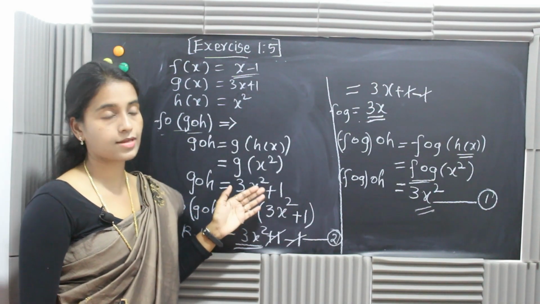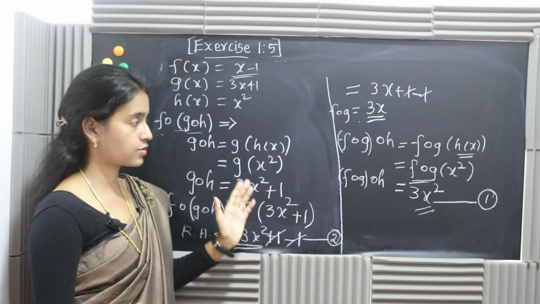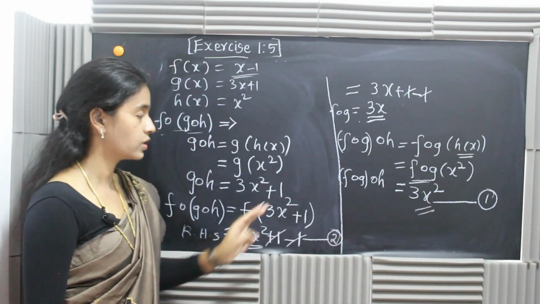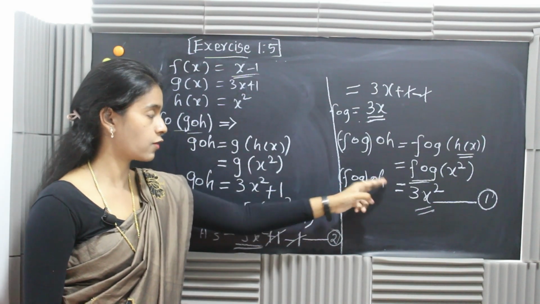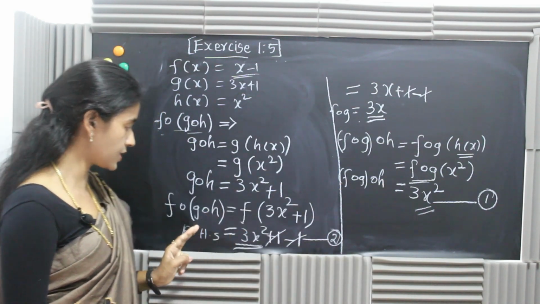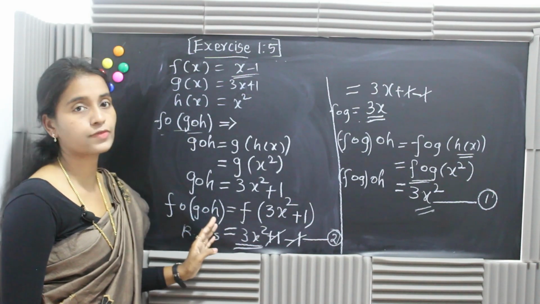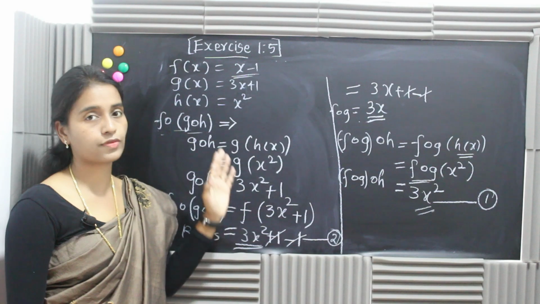How can we write the answer for this? From equation number 1 and 2, f of g of h equals f of g of h. Hence, it is verified. This is the answer of the 8th problem.